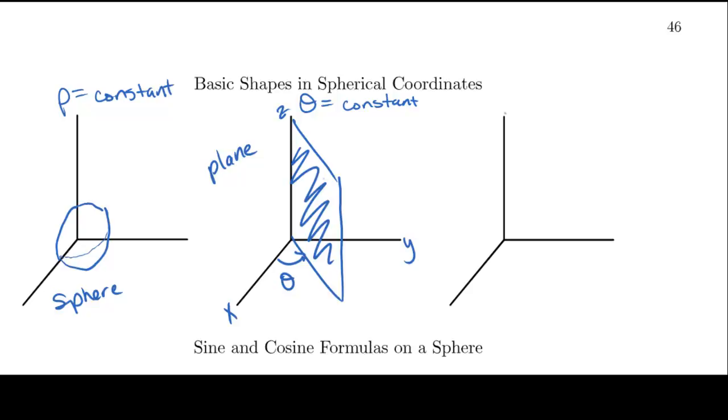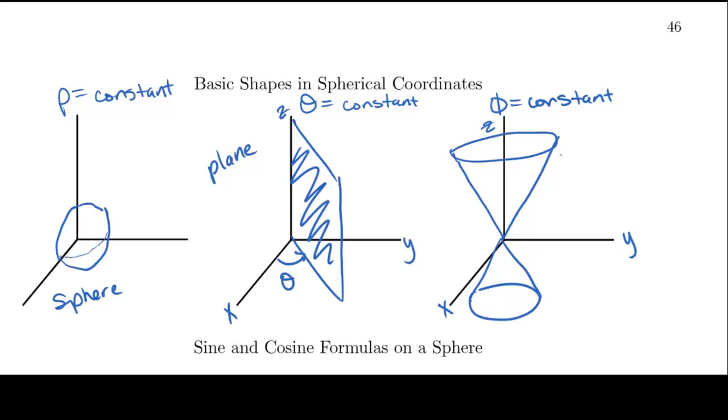And then finally, if phi is constant, and this one's the one that's a little bit maybe trickier to see, phi is that angle out from z. So if we draw that constant out from z, then we actually end up with a cone.